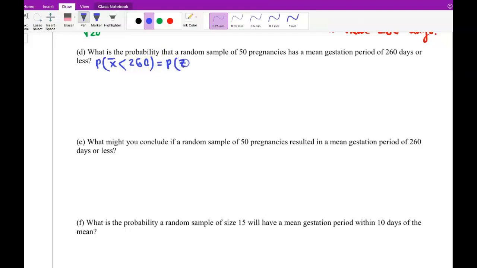So the first step, convert to z. So z is equal to, I'm writing this again here, x bar minus.